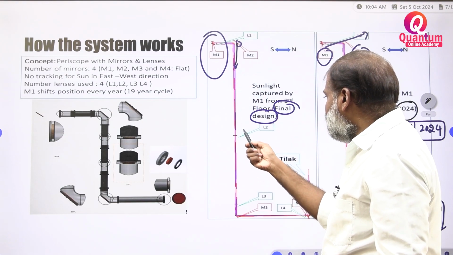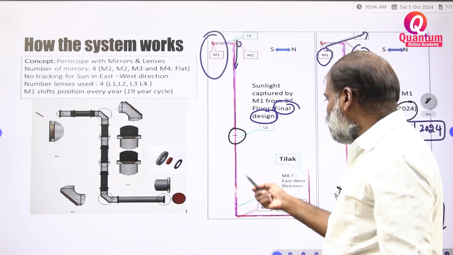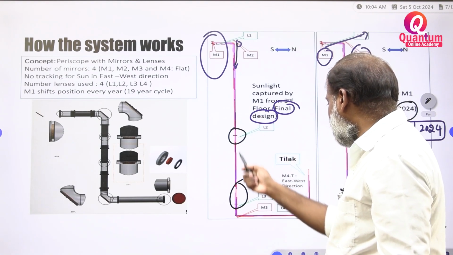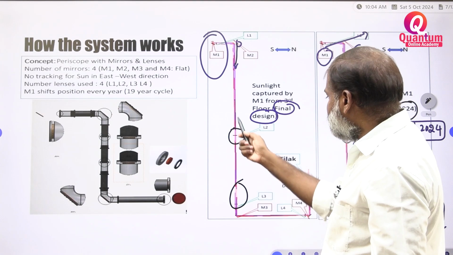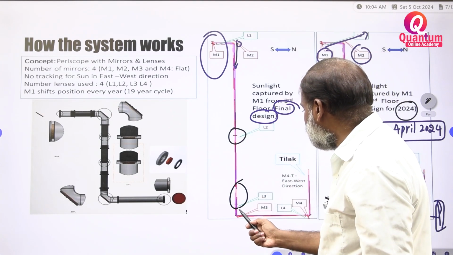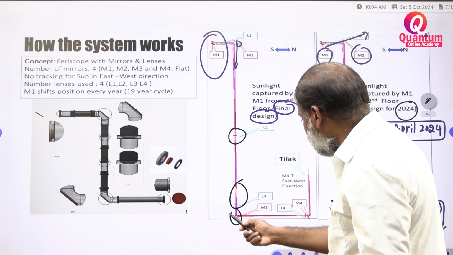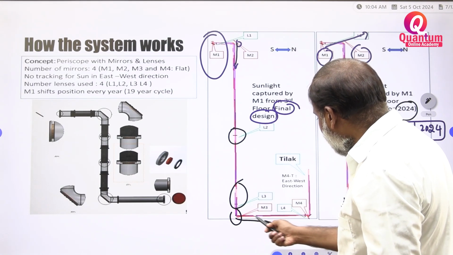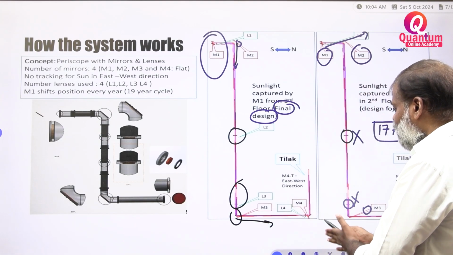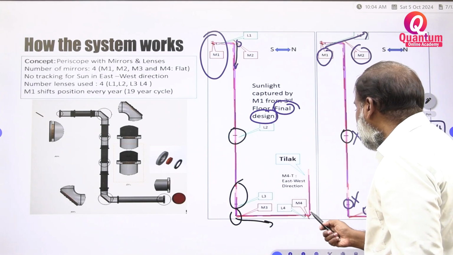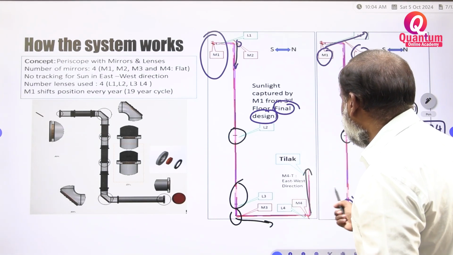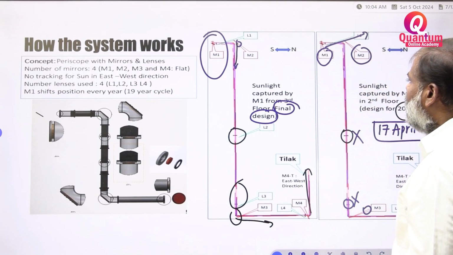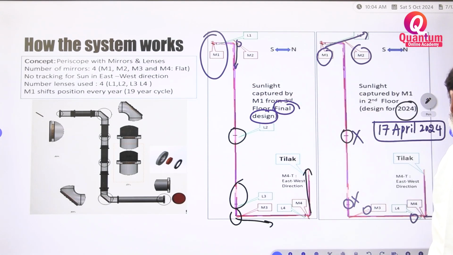The second floor has the L2 lens, and the first floor has the L1 lens. These lenses highly focus it, and again it is incident on this mirror, reflected to this side, and the L4 lens highly focuses it, and so it reaches the Surya Tilak. In the east-west direction the idol was there, and from the south direction sunlight was falling.